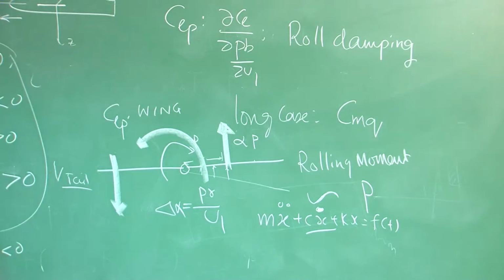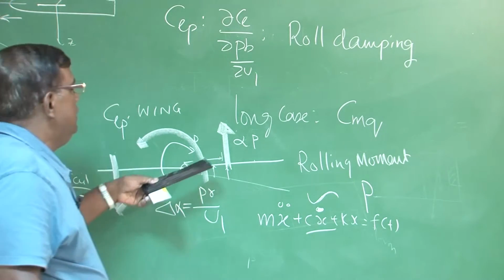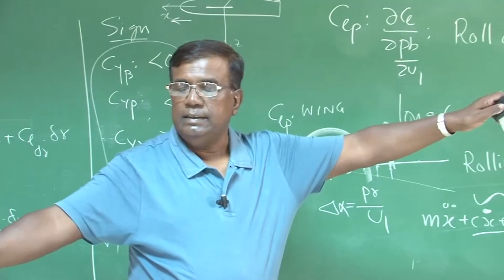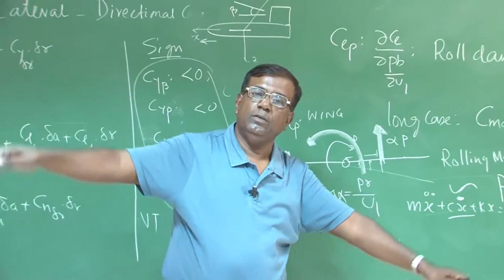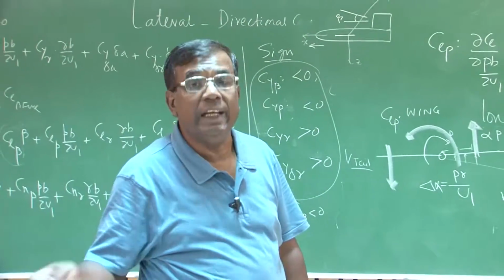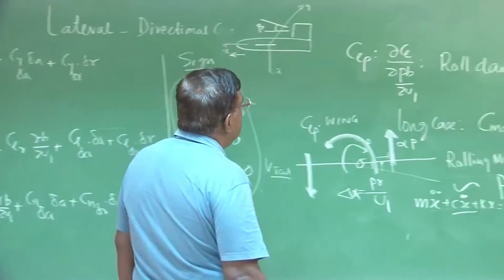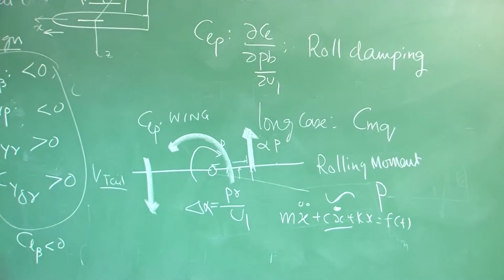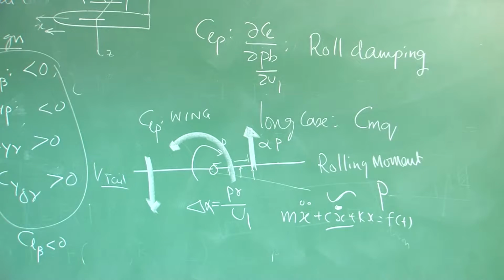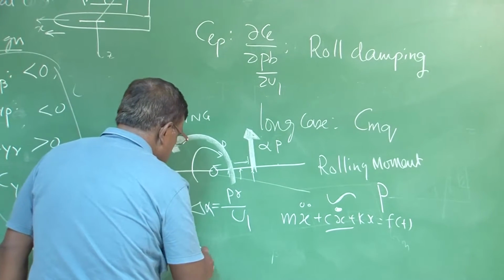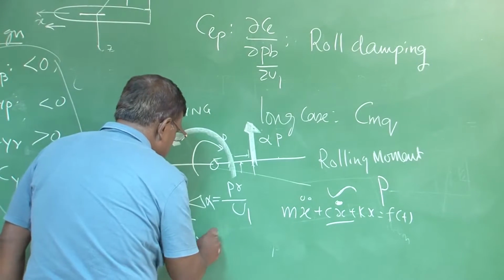So here we see that the moment it tries to bank like this, just immediately there is a moment to opposite, and that opposing moment is proportional to the rate, and that is why this is called roll damping, and primary contributor is wing, and obviously the sign of C_L p is negative.